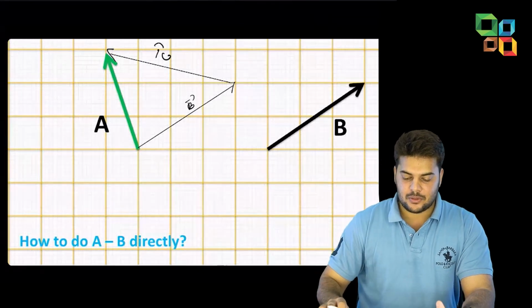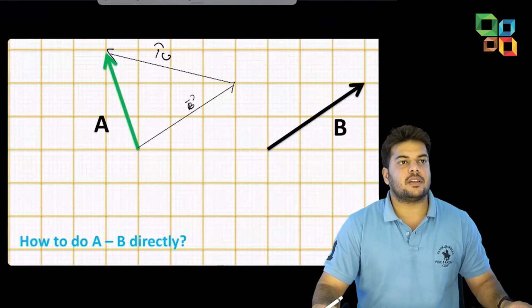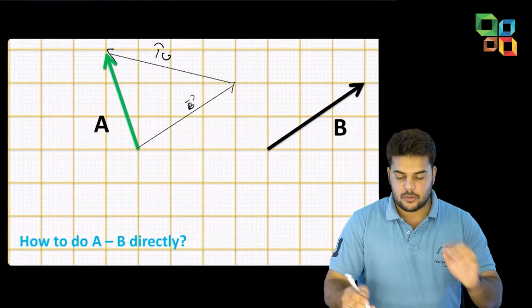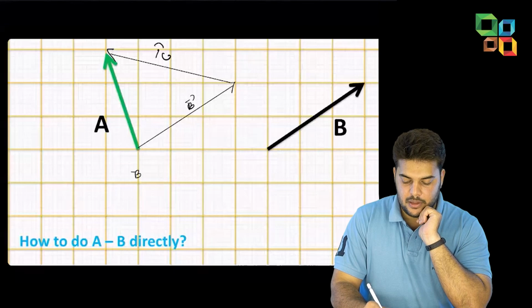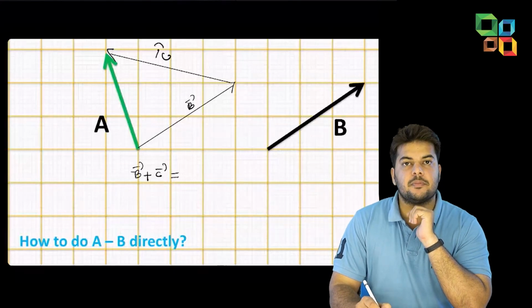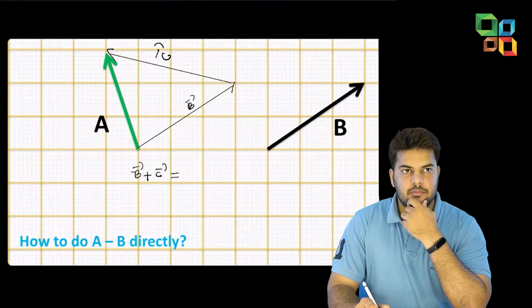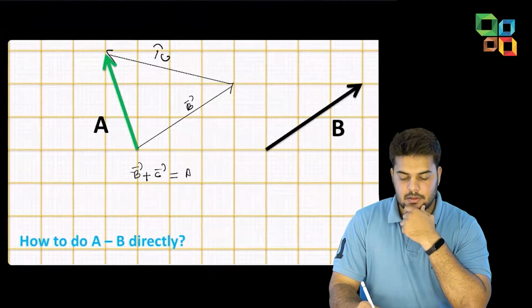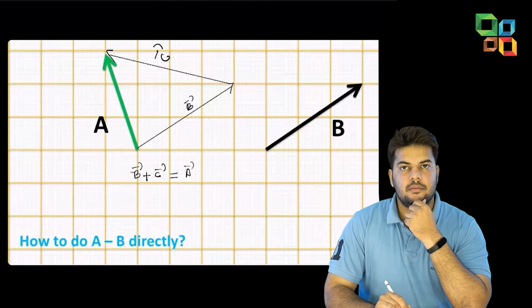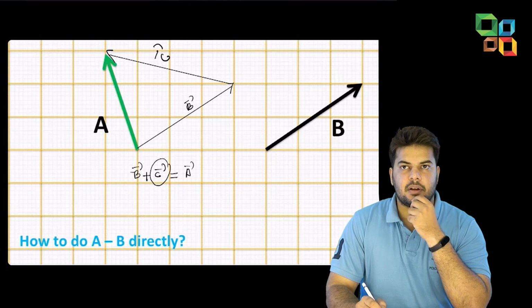Let's see. The easiest way to verify is just do the algebra. So what do we have over here? We have B vector plus C vector. What is B plus C vector here in this picture? That's A vector, isn't it? What I'm interested in is to verify whether C vector is actually equal to A minus B vector.